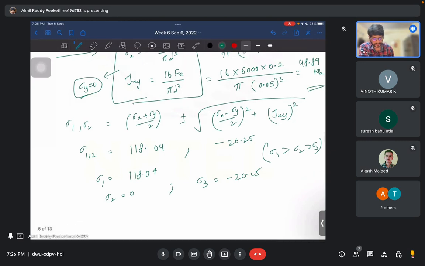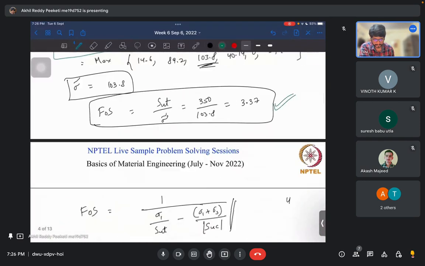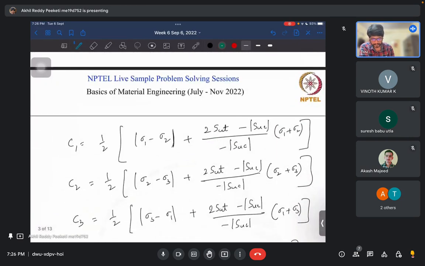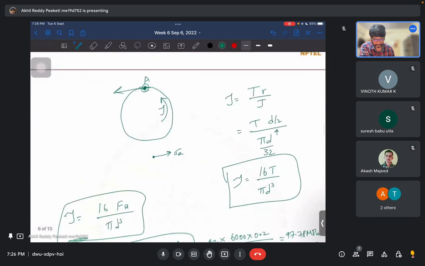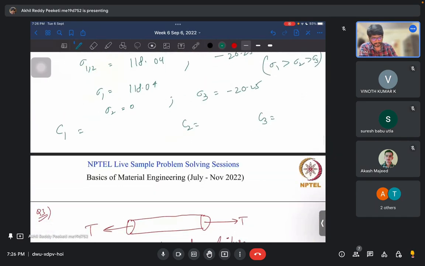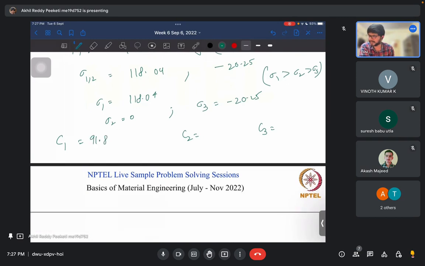Now for these again you need to estimate C1, C2 and C3 like we have seen earlier, in terms of this formula: half into sigma 1 minus sigma 2 plus 2 into SUT minus SUC by minus SUC and sigma 1 plus sigma 2. I have actually solved this in MATLAB, so I don't have to do the calculations here. We get 91.8, 4.5 and 96.3.